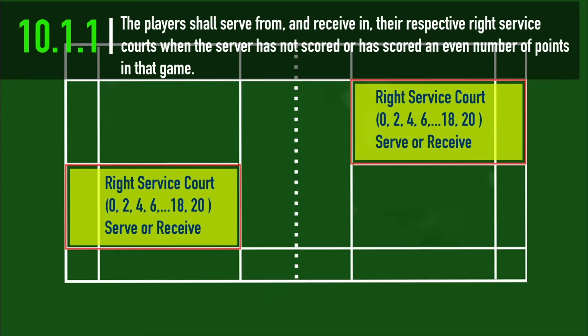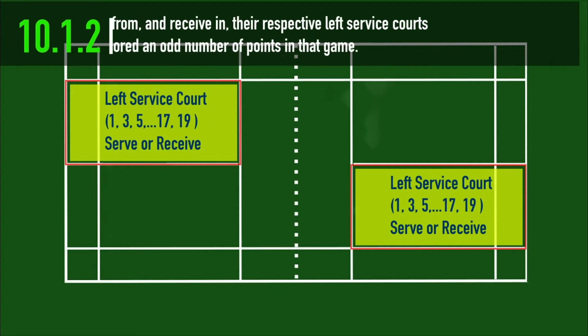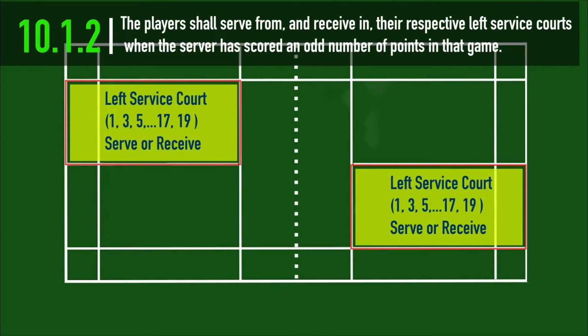The players shall serve from and receive in the respective right service courts when the server has not scored or has scored an even number of points in that game. 10.1.2. The players shall serve from and receive in the respective left service courts when the server has scored an odd number of points in that game.